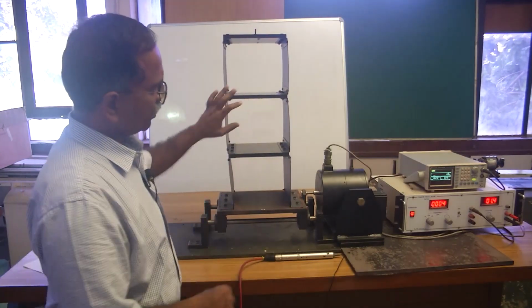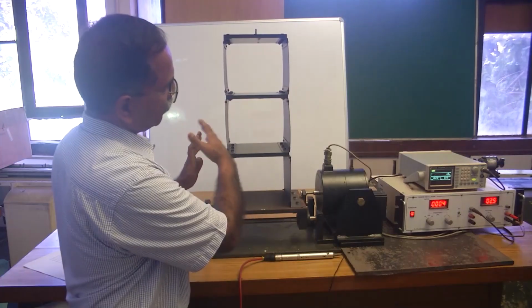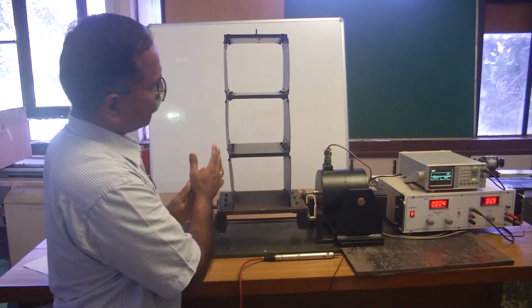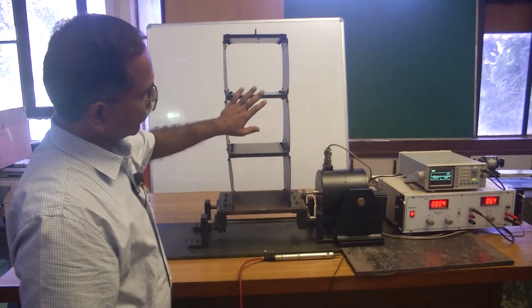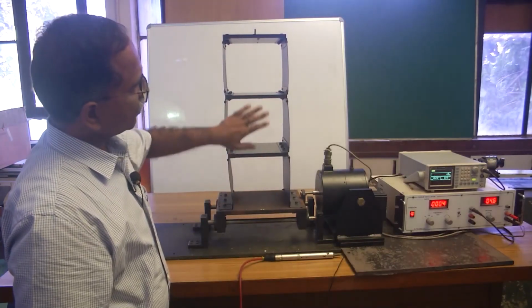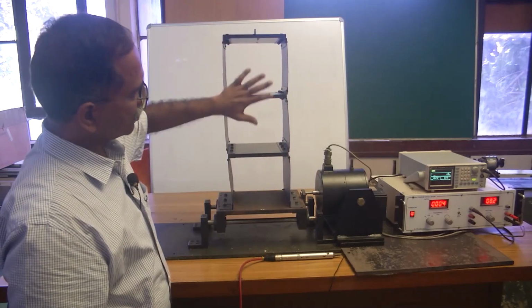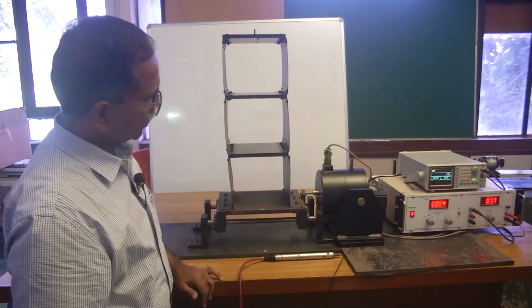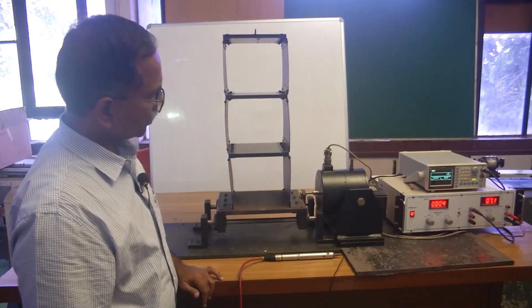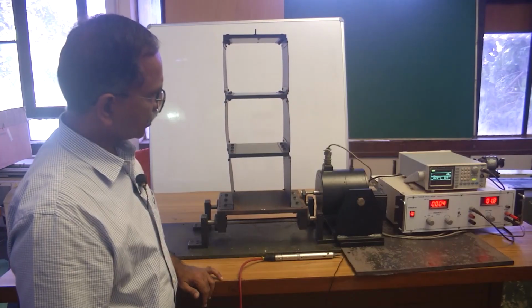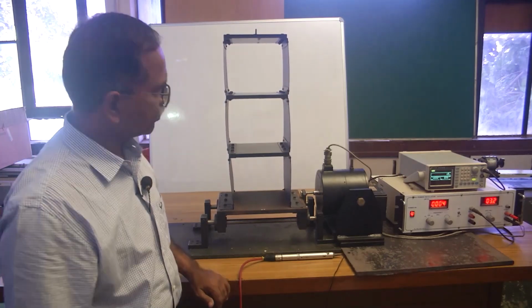So, the system here undergoes lateral vibration because of the compliance of these thin plates, and the inertia are represented by these three floors. So, that's how this is a multi-floor building system represented simplistically here as a multi-degree of freedom system.